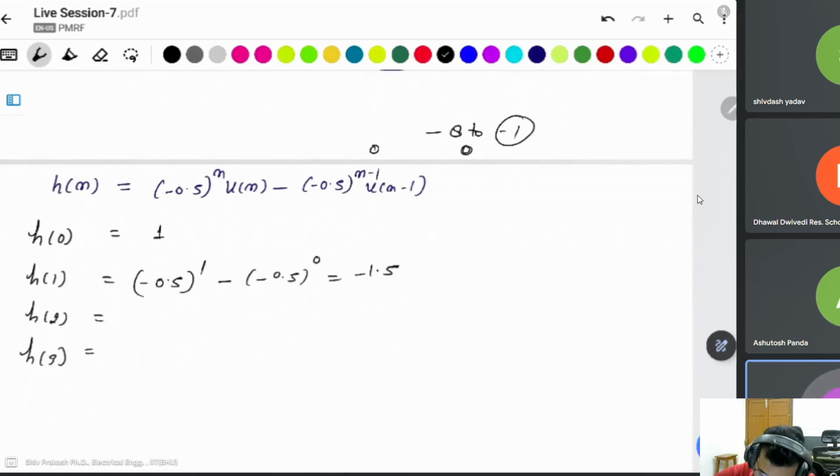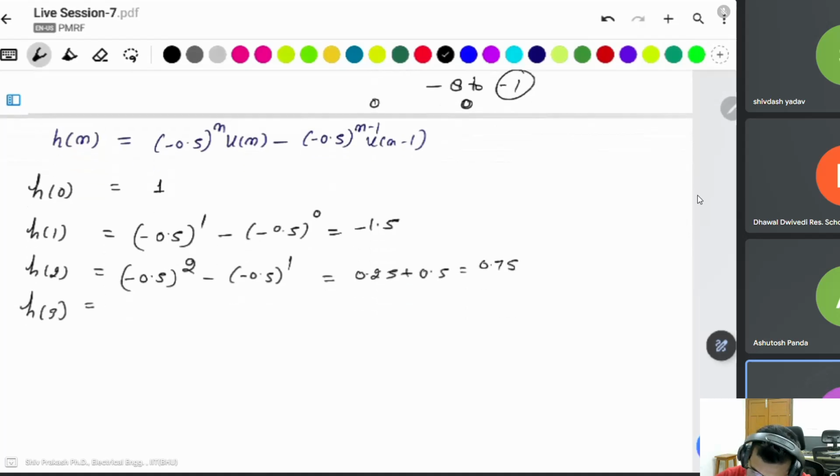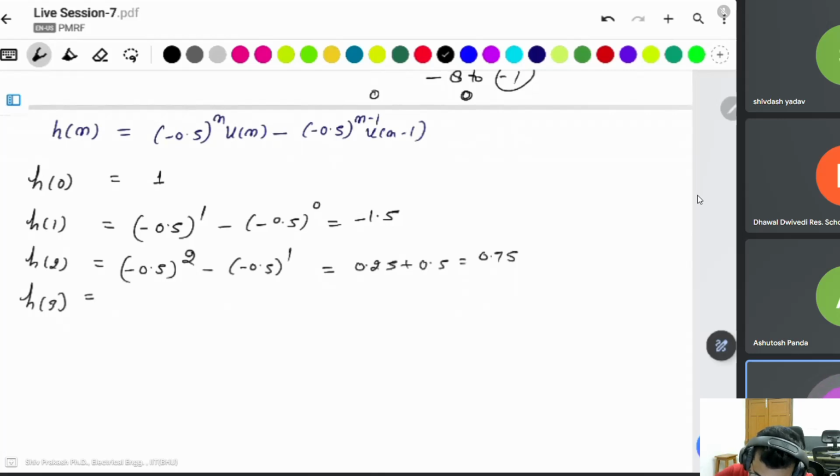If you put the value 2, then minus 0.5 squared, minus of minus 0.5 to the power of 1. This will be 0.25, and minus minus plus 0.5, the whole value is 0.75. Next, for the third, n equal to 3: minus 0.5 to the power of 3, minus of minus 0.5 to the power of 2.